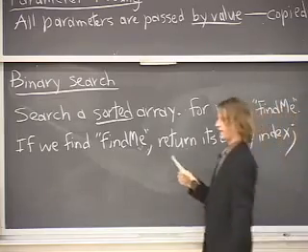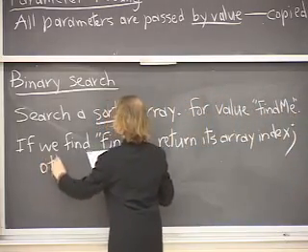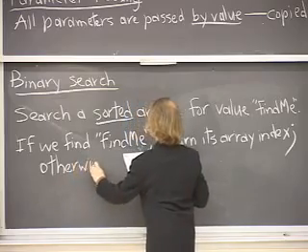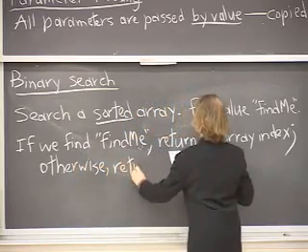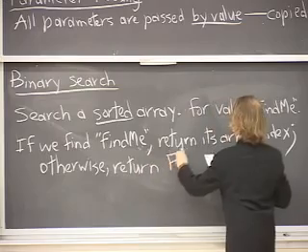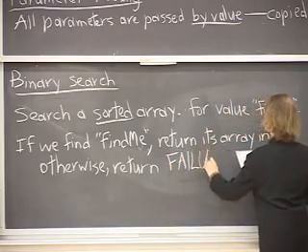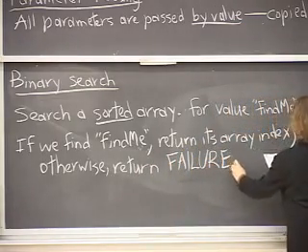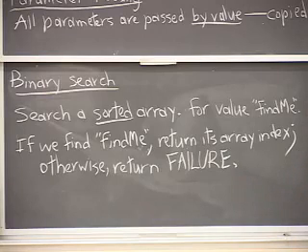And if we don't find me, then we just return failure. Failure is going to be a predefined constant with some special value, which is why I'm writing it in all caps.